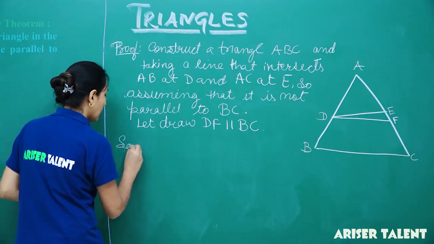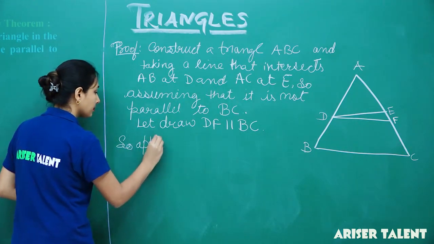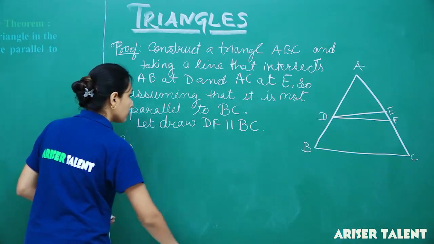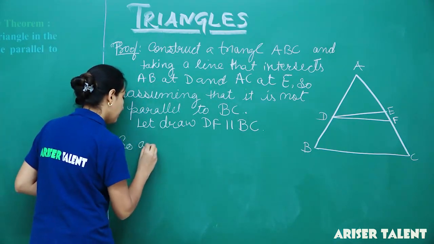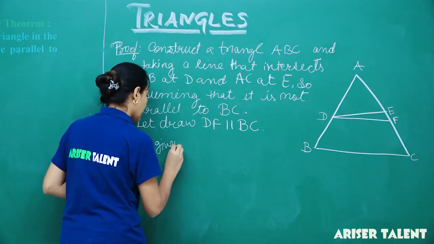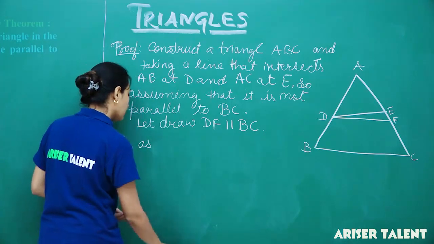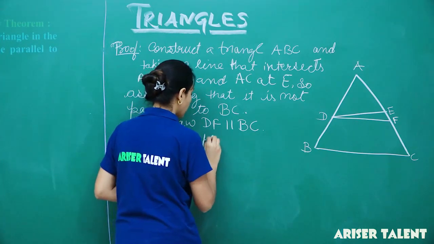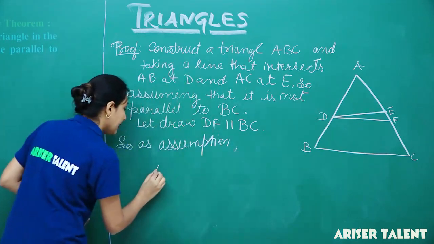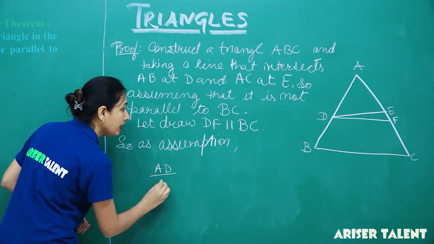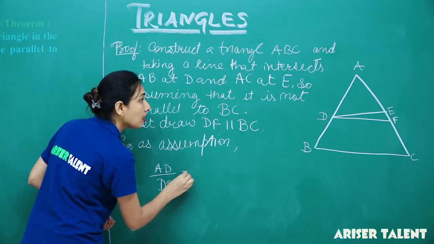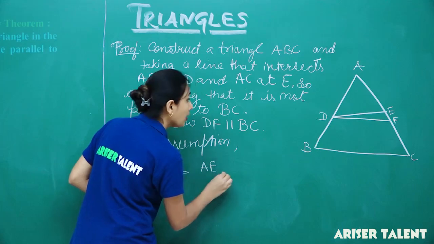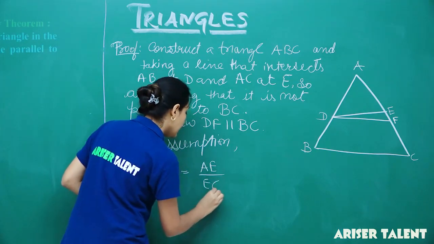So, applying, as given or as assumption, AD by DB equals AE by EC.